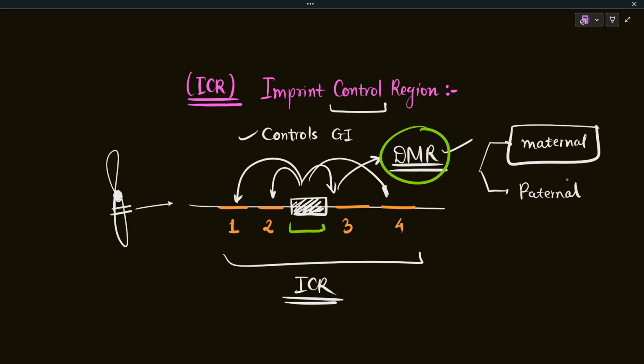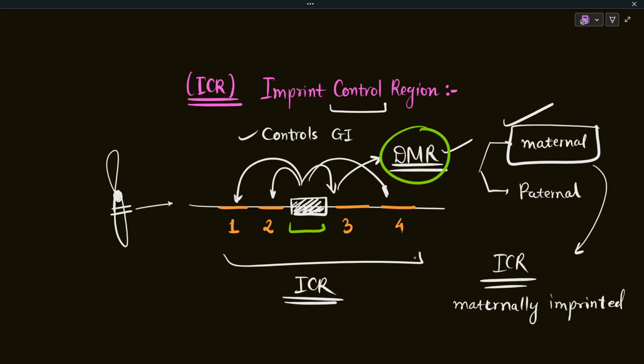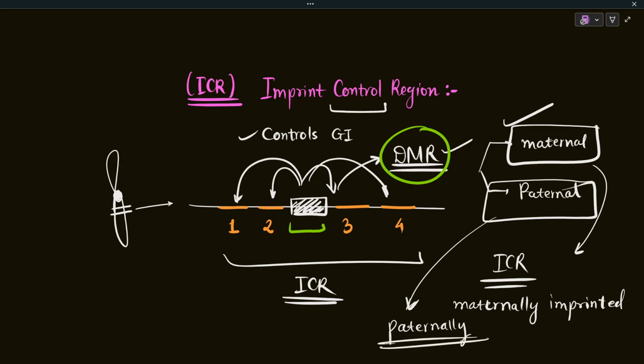Then we call that ICR maternally imprinted, if the methylation is only on the maternal copy of the genome. If the DNA methylation is on the paternal copy, we call it a paternally imprinted region. I hope this is clear.